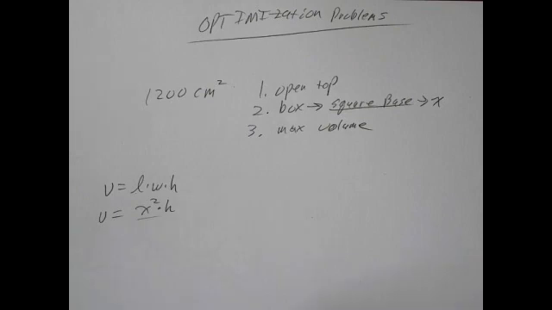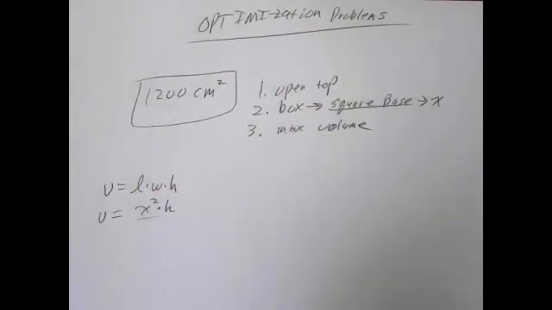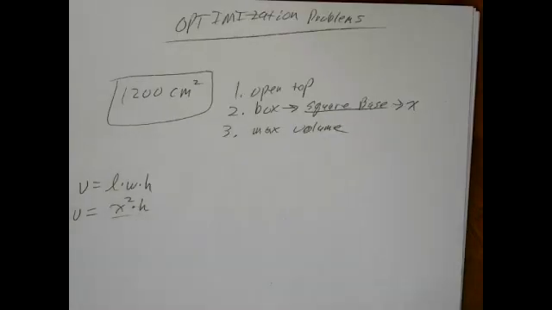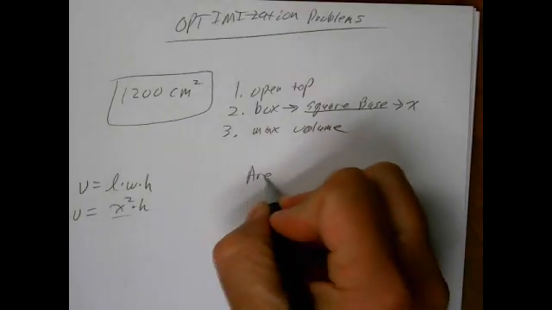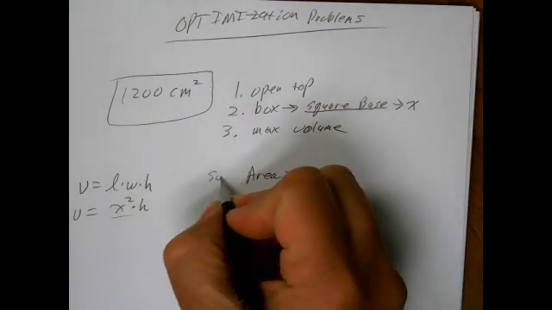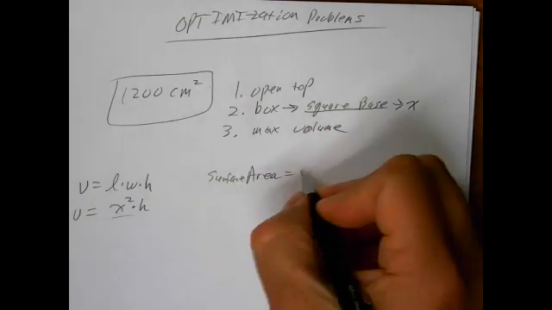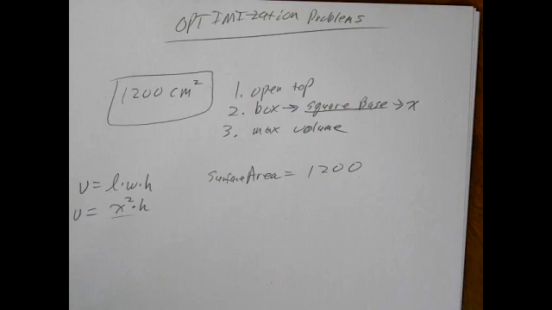So we need to look back and see what other information we were given that might be helpful. Well, they told us that you only had 1,200 square centimeters of material. That means the surface area of the box has to be 1,200.